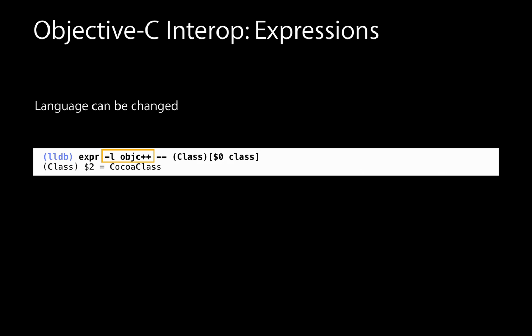And we're telling lldb, use the Objective-C++ expression evaluator. Use the clang compiler that is inside of you to actually parse that expression. And then that works. But there's a caveat. There's always a caveat. Your locals will not be available. Since you changed your language, as we said before, locals are not available.